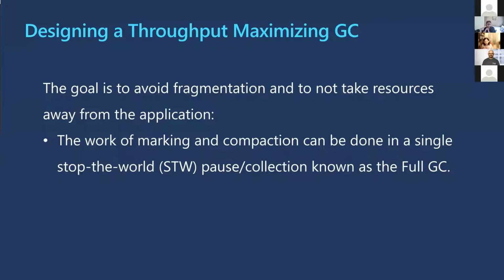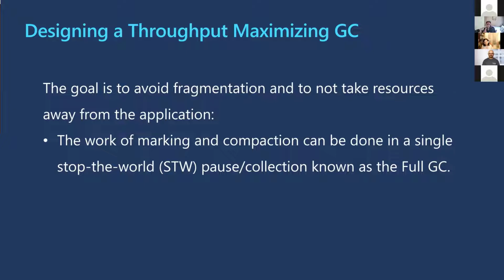The GC work basically is marking, making sure that we identify the live objects, and then compacting, which is moving the live objects into an old gen space or a to space where we can have the live objects next to each other. The concept of having live objects right next to each other is called compaction.